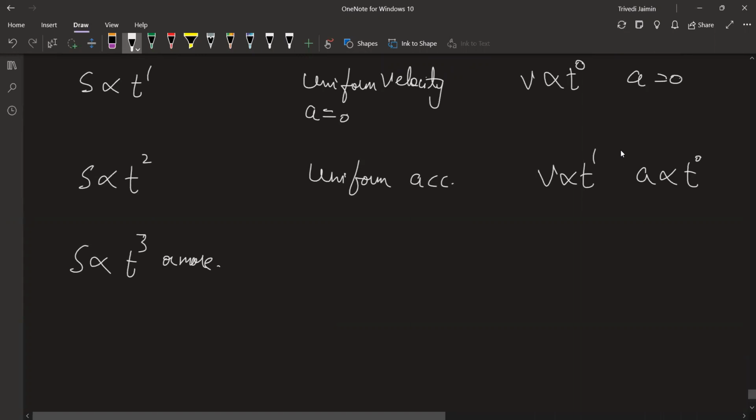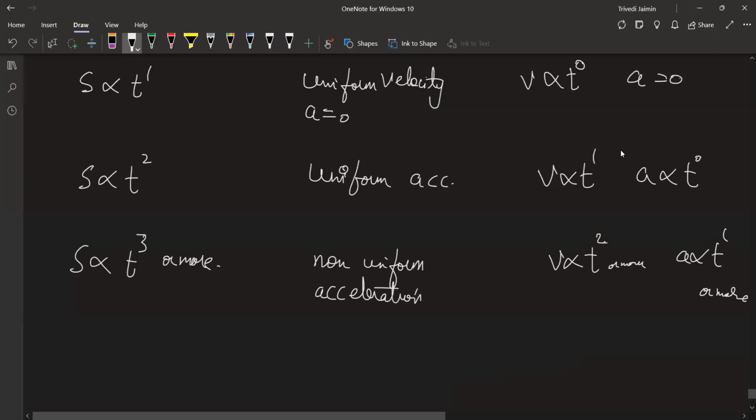This is for non-uniform acceleration, where v is proportional to T to power 2 or more, and similarly a is proportional to T to power 1 or more. So for finding displacement, velocity, acceleration as a function of time, we will do differentiation or integration as per the requirement.